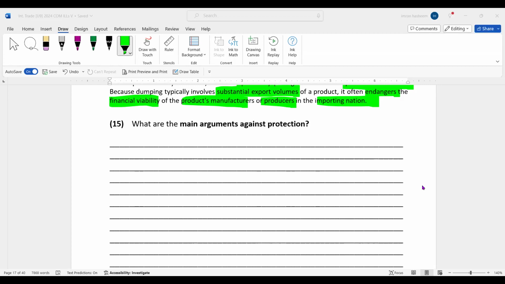Number 1, resource misallocation, within brackets, possible allocative inefficiency. So I'm going to repeat the entire thing one more time.